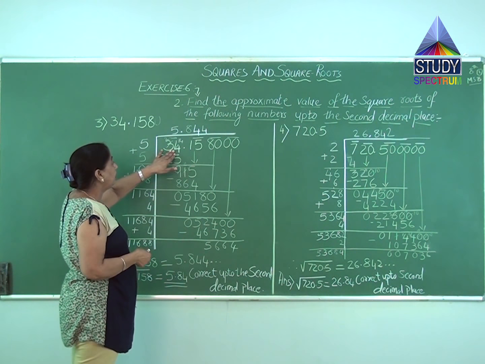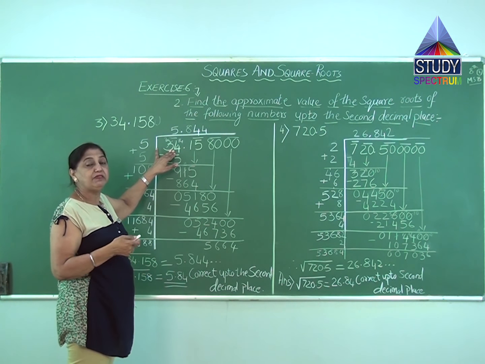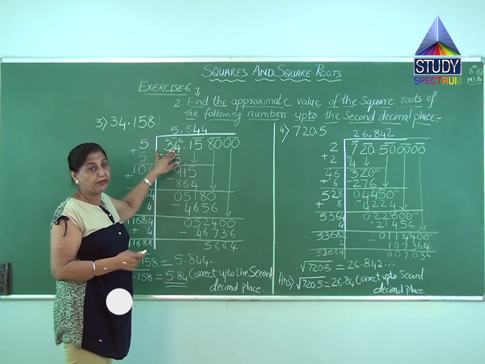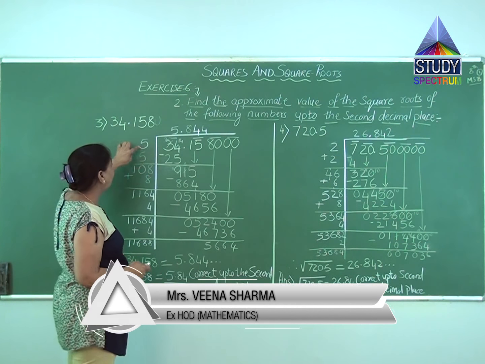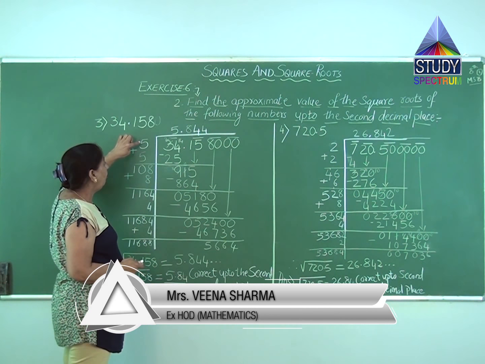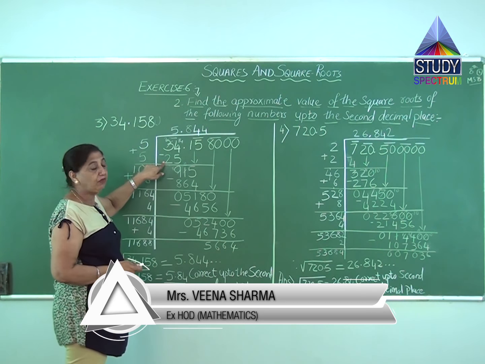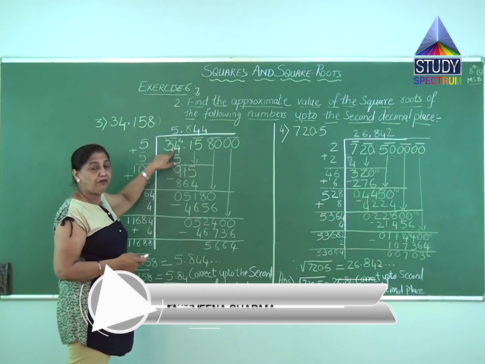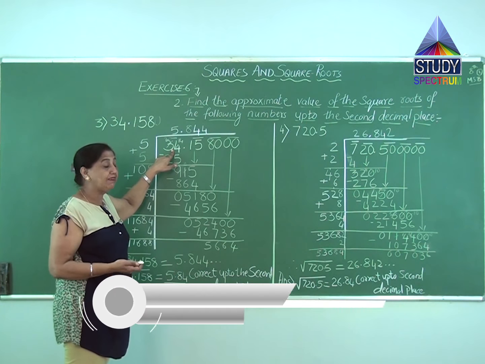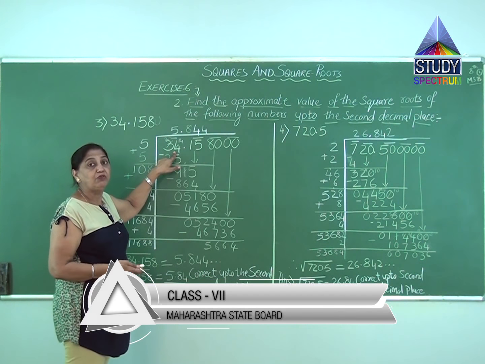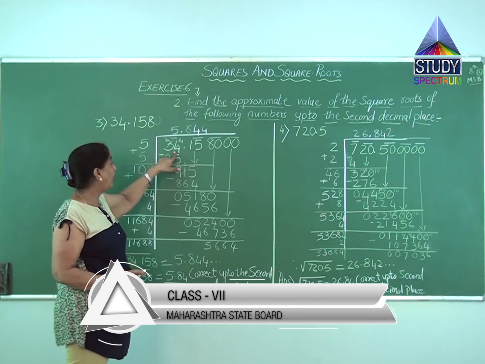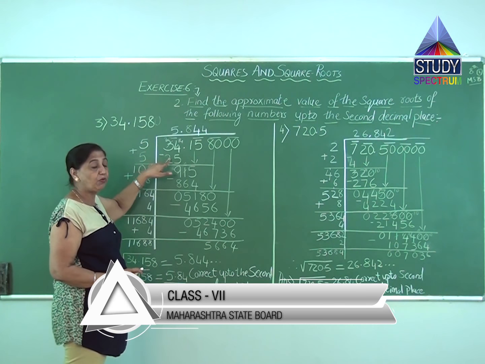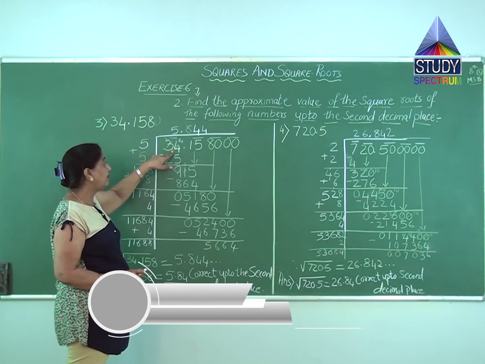Now again, 34 is near to 5 square, so that's the reason I have taken 5 over here. 5 square gives me 25, which is close to 34. If I take 6 square, that is 36, which is more than this. So we don't have to take 6. We have to take 5, whose square is 25, which is less than this.